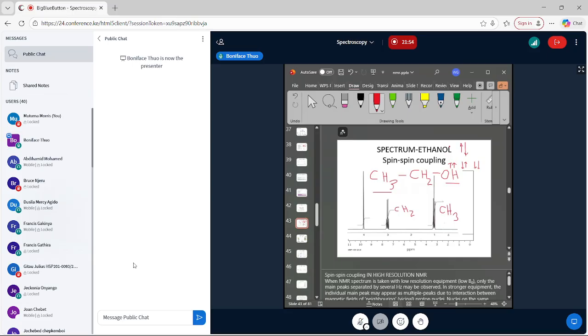So if you count the possibilities, this is 1, these are 2, and this is one possibility. So we get 3 subpeaks. The ratios of the subpeaks are 1, 2, 1. So you see the 2 outer ones are almost the same.